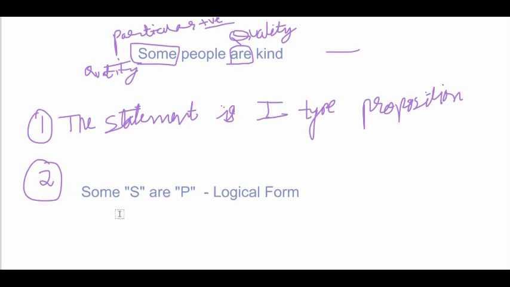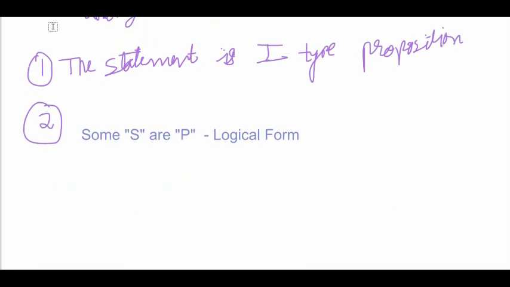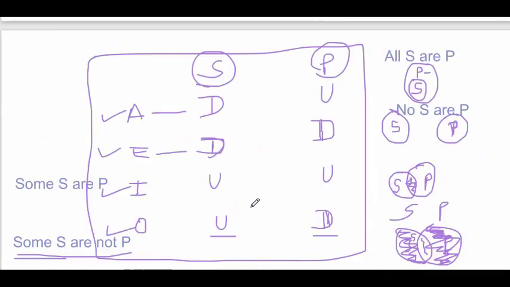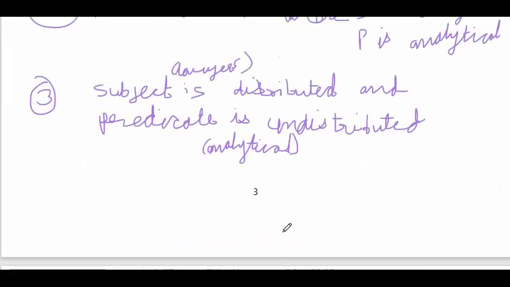Alright. Third was whether it's distributed or undistributed. We know through the table that for the I type of proposition it will be undistributed, undistributed. For E it is distributed, distributed. For I it is undistributed, undistributed.